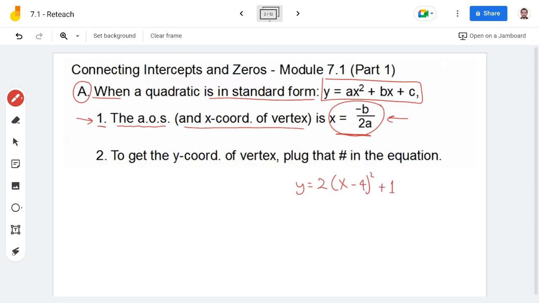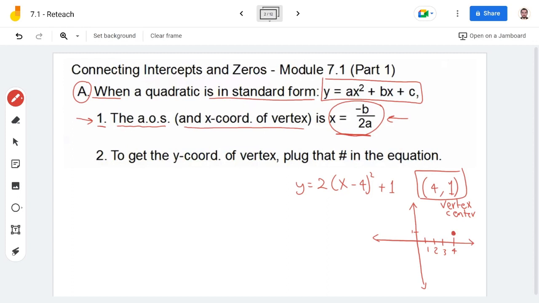When we need to graph this one, h is the opposite and k is the same, so the coordinate 4 and 1 should be your vertex, your center. So the vertex, or center, is 4 and 1. So 1, 2, 3, 4, and this one is 1. So the point should be here.